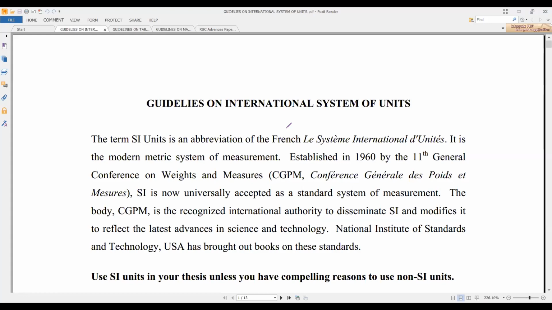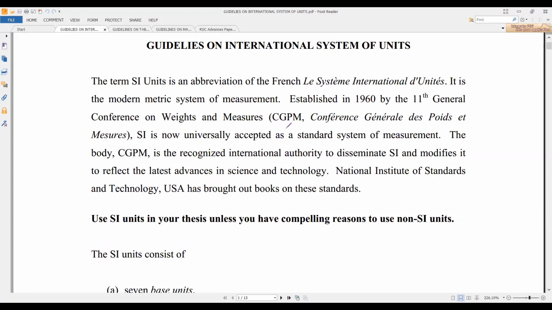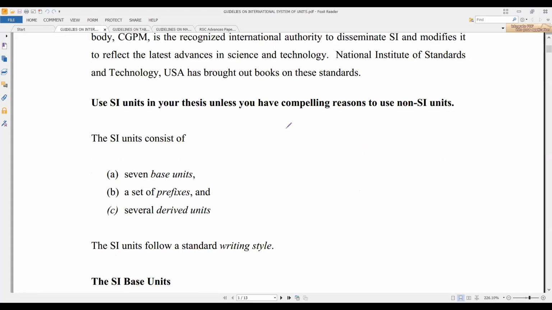How to write the units in the paper? That again leads to error in writing. So we have some base units, we have prefixes, and we have several derived units.